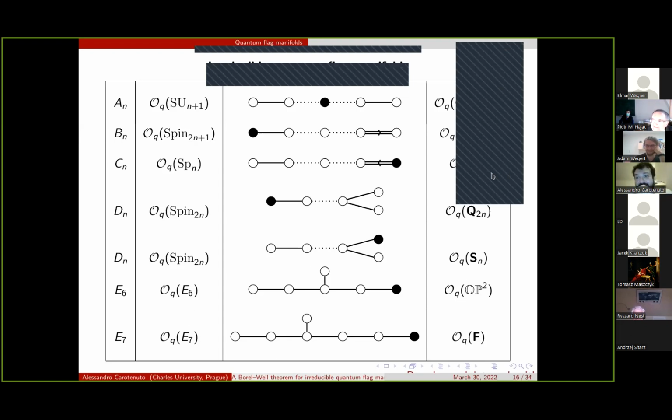In the classical case, the classical Dirac operator can be given as del bar plus del bar star for the square root of top degree holomorphic differential forms.